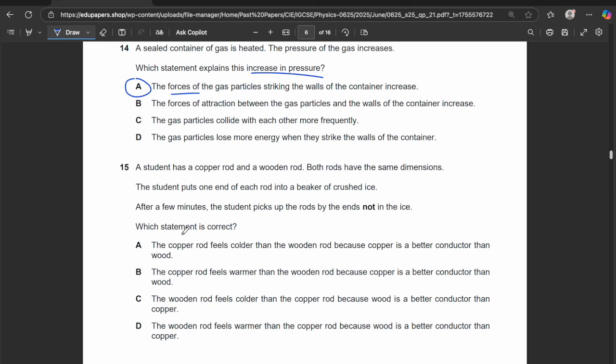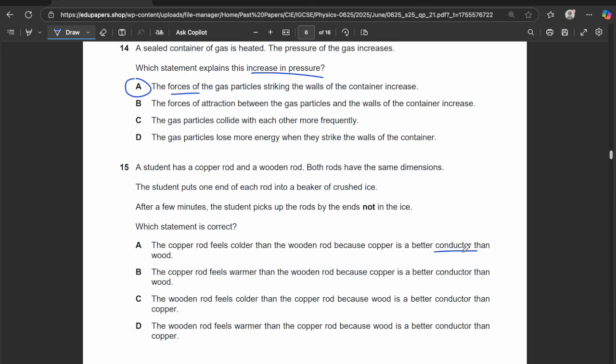A, the copper rod feels colder than the wooden rod because copper is a better conductor than wood. Well, yes, if it is a better conductor, which means it will conduct heat. The reason why you feel cold when you touch something is that it conducts heat from your hand to itself.